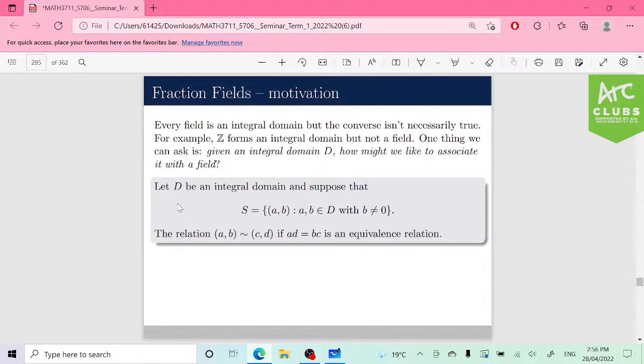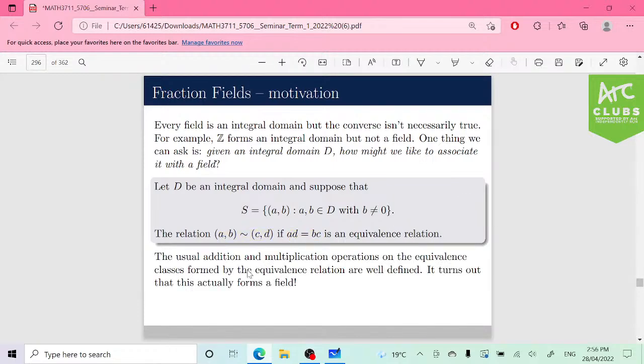So we're going to let D be some arbitrary integral domain, and we're going to define an equivalence relation as follows. Two pairs of elements are related if this equality holds. And once we talk about an equivalence relation, we can start talking about the equivalence classes.